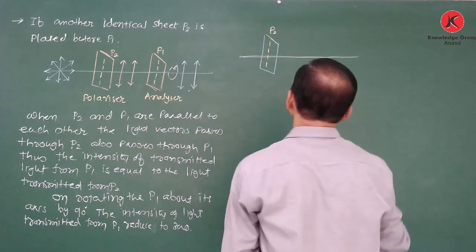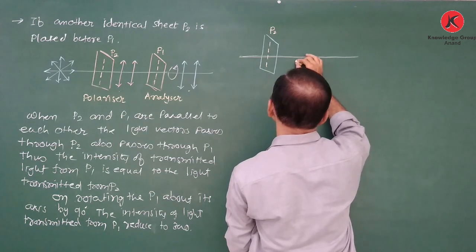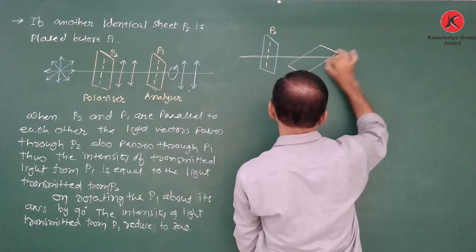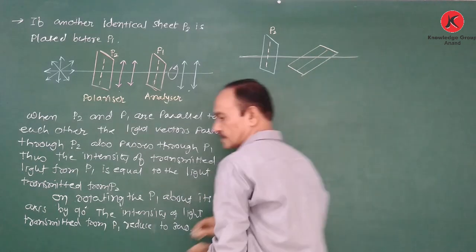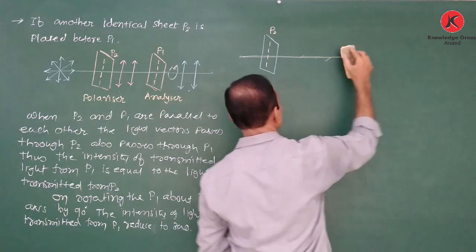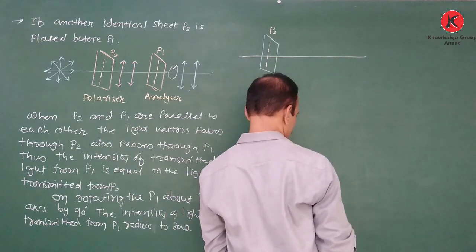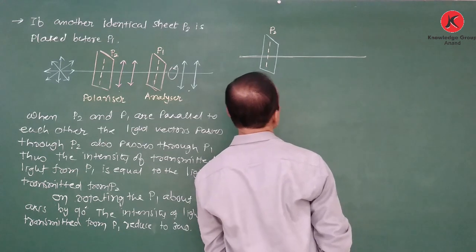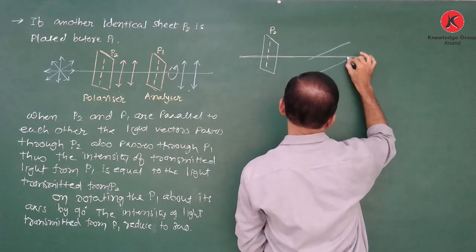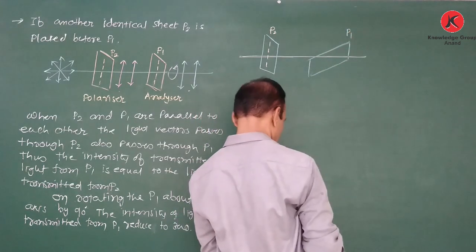Now, there is P1. P1 is rotated by 90 degrees.